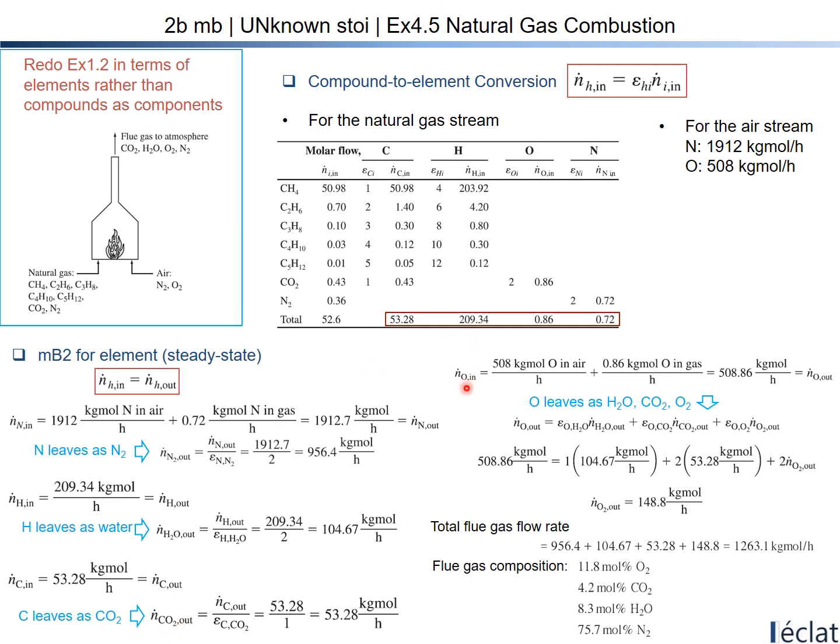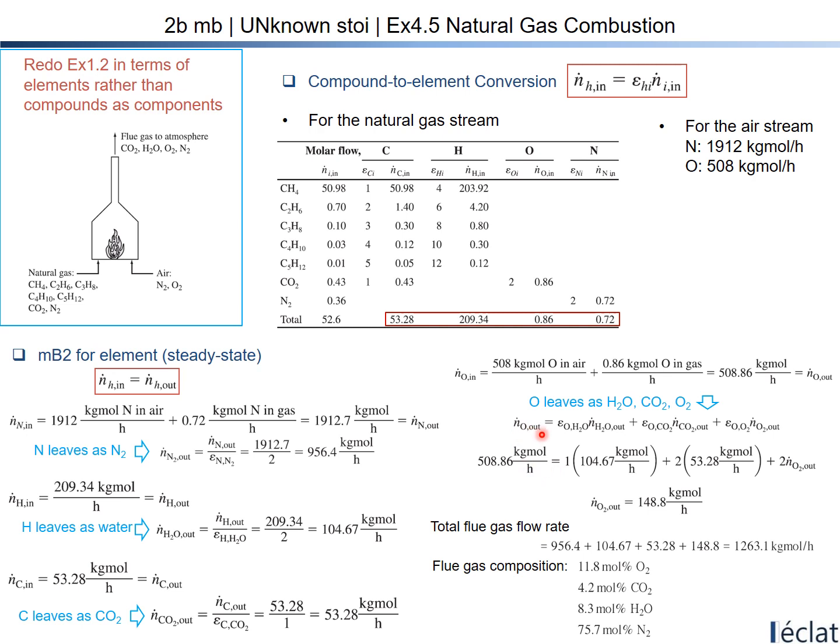Let's go to the oxygen. Let me sum the amount of oxygen atom from the air, like 508, and then in the natural gas stream, 0.86. It's totally this value for the upstream oxygen atom flow rate. Then let me calculate the amount of water, carbon dioxide, and oxygen molecules in the upstream.